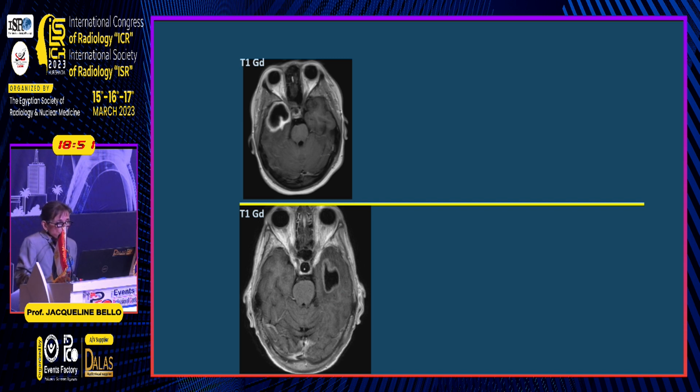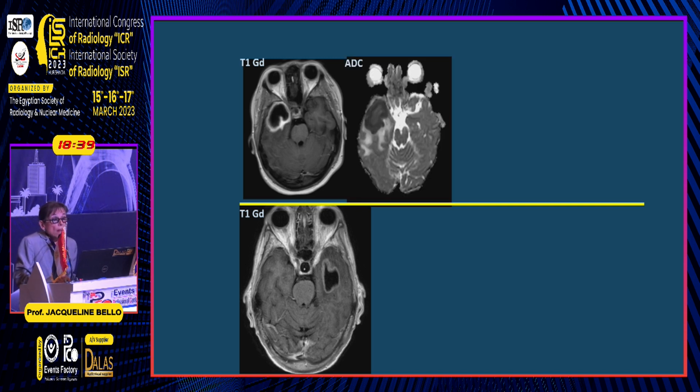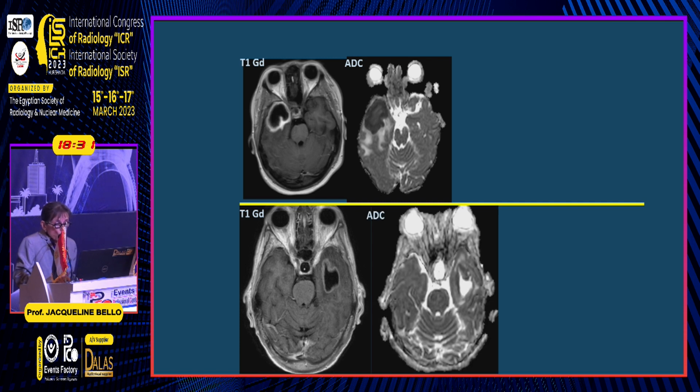So let's look at some companion cases. These are two different patients, top and bottom, with ring-enhancing lesions on T1 gadolinium studies. The top patient demonstrates restricted diffusion on the ADC map. The lower patient does not demonstrate restricted diffusion.